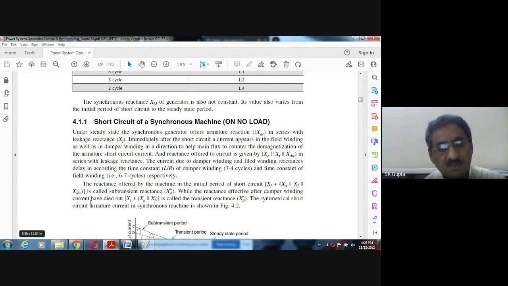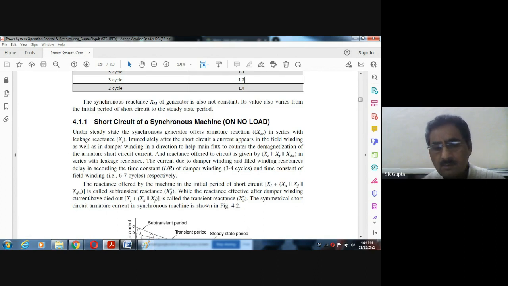But after some time, depending upon the time constant, this reactance has L, and there will also be some resistance, so depending upon the value of L and R, this will decay. Meaning the transient current decays, and its effect is finished. After some time, its power decays according to the values of L and R. So in the beginning, all reactance is there, that is called the subtransient reactance.